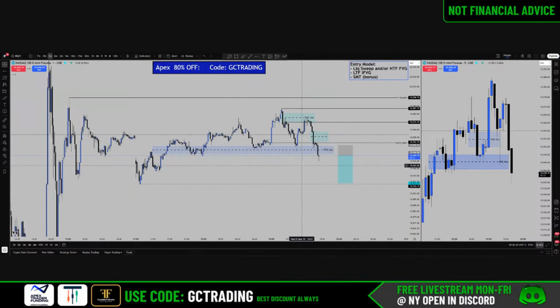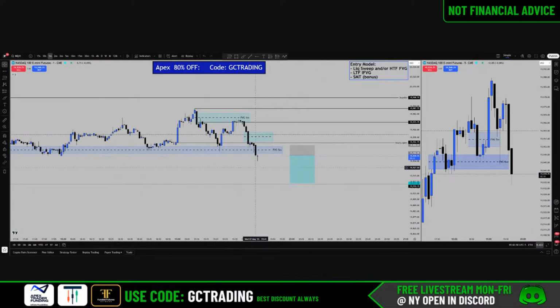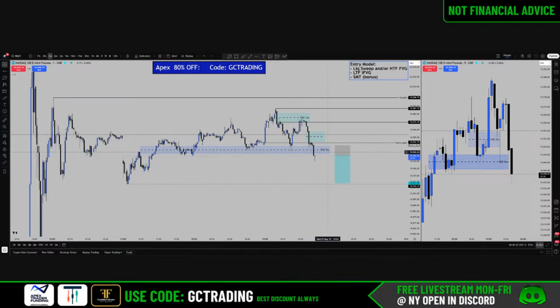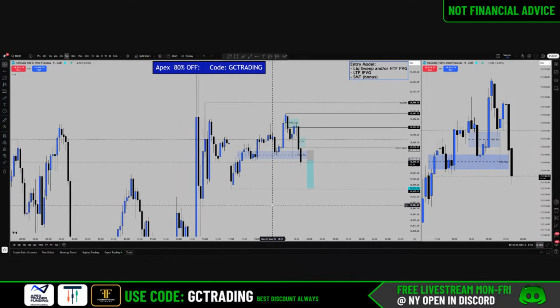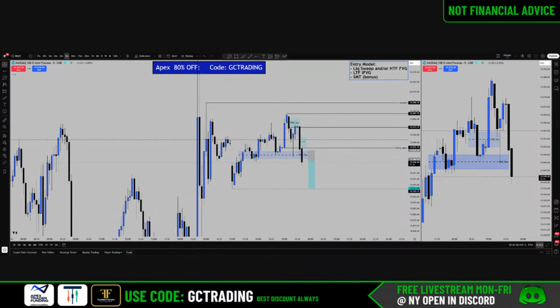It'd be a pretty good R. Do have a really nice sell sequence through this. The only thing is, you're taking out this low. Are you going to flip here? Which is a very good probability that we do that as well. But this is a nice sell sequence right here.